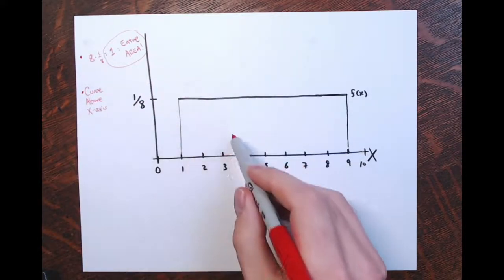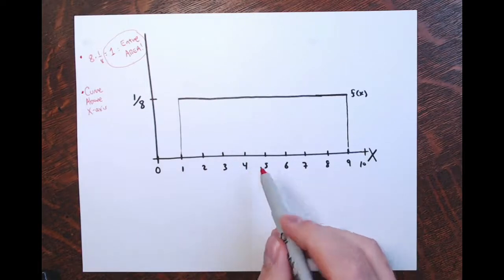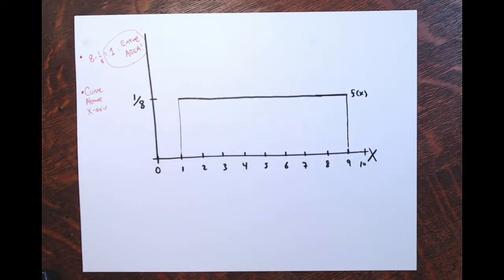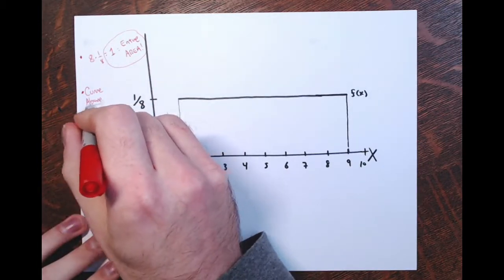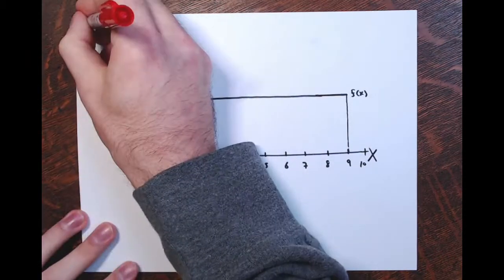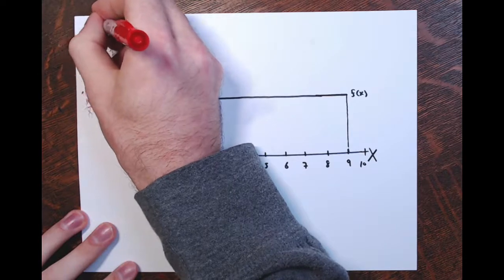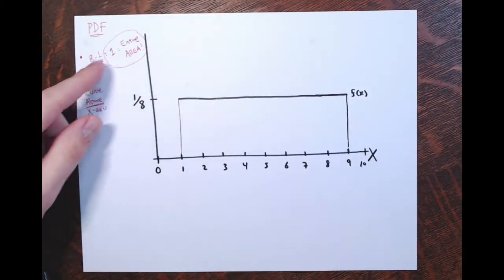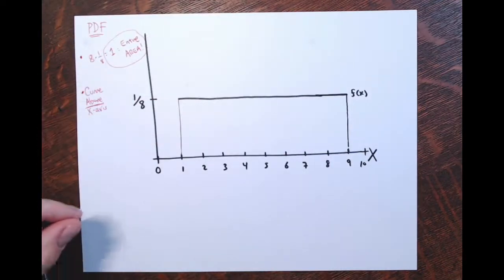If any part of this curve went under the x-axis, that would imply that there was negative probability, and you can't have negative probability. So a proper probability density function for a continuous random variable should have these things happening. The entire area under the curve is 1, and the entire curve is also on or above the horizontal axis, but nothing below.